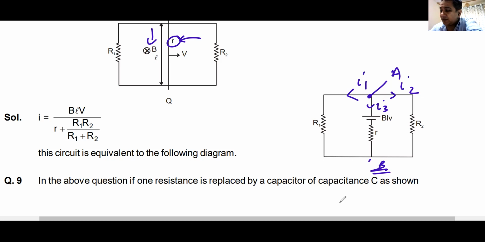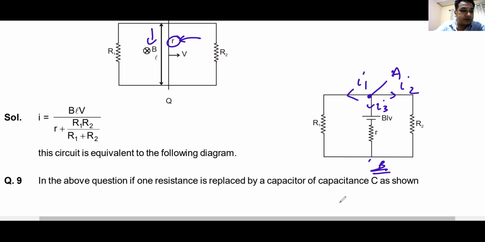I call the current here I1, the current here I2, and the current here I3. I1 plus I2 plus I3 has to be 0. To write I1, I write V, going from positive to negative, V minus E1 divided by the total resistance R1.